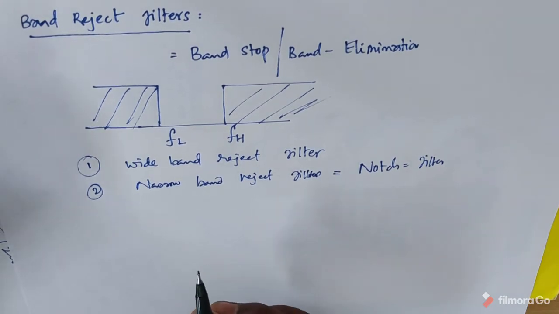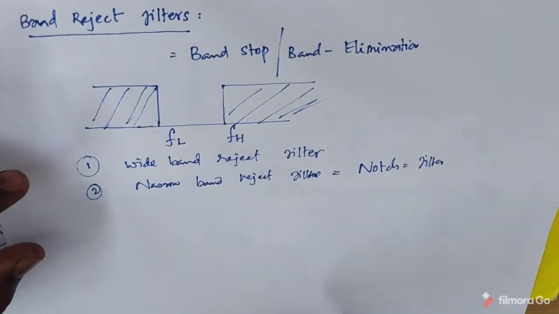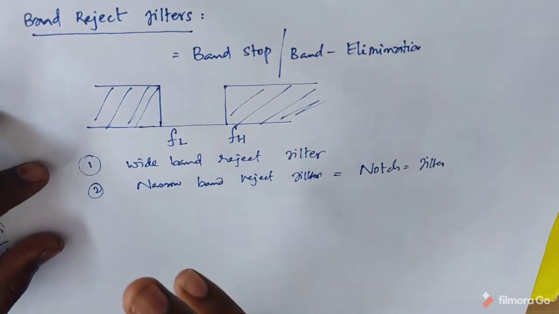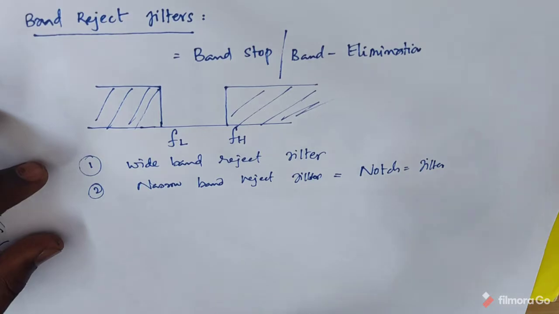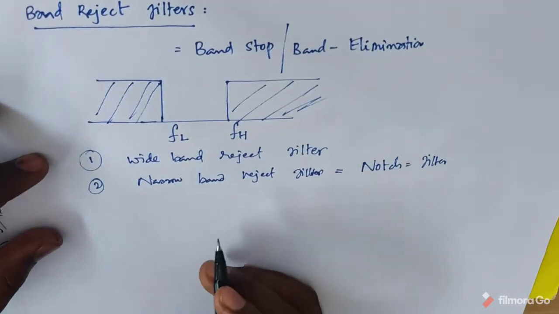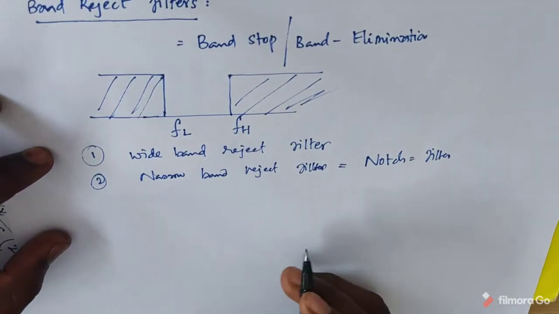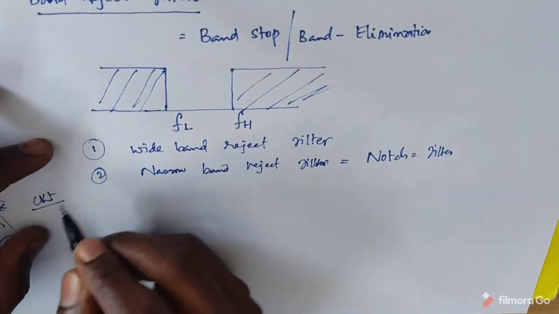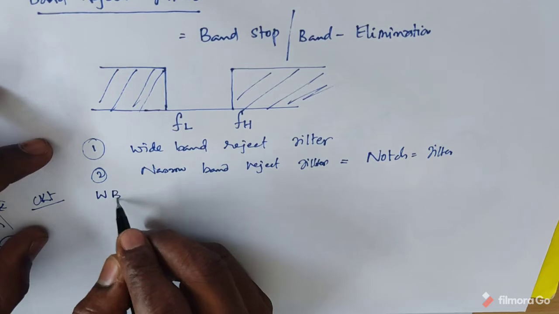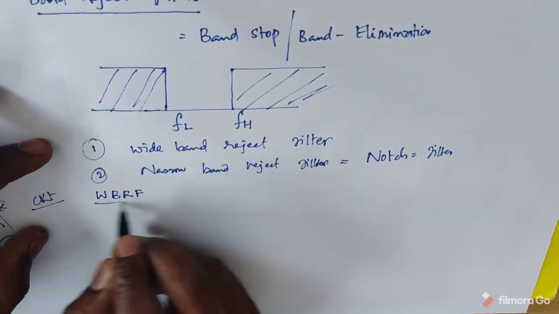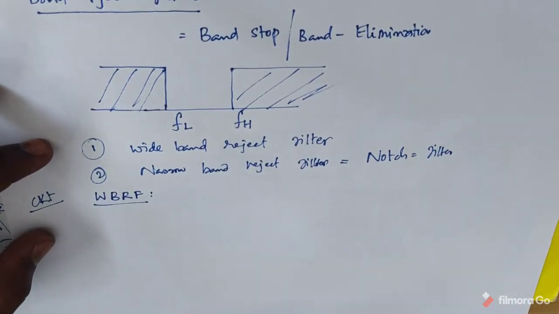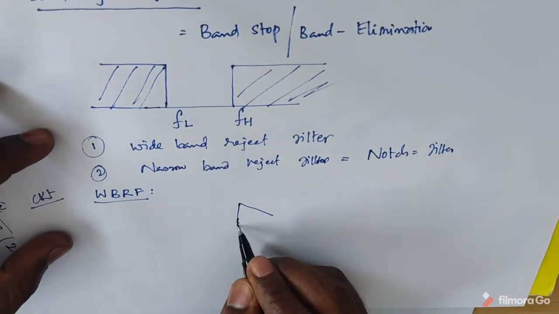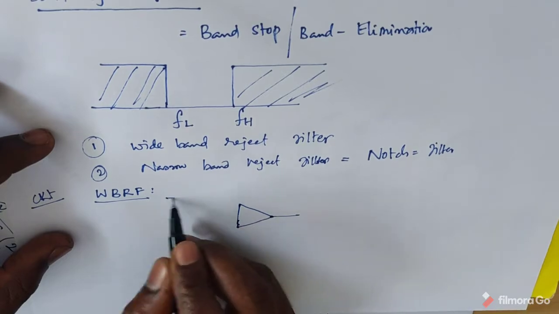Then the wide band reject filter circuit diagram. In a wide band pass filter, both high pass filter and low pass filter are connected as cascade, but in the band reject filter both are connected in parallel. So simply, if you take the circuit diagram of wide band reject filter, both are in parallel.